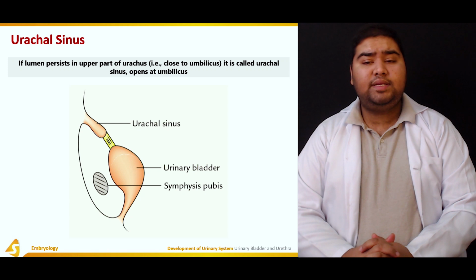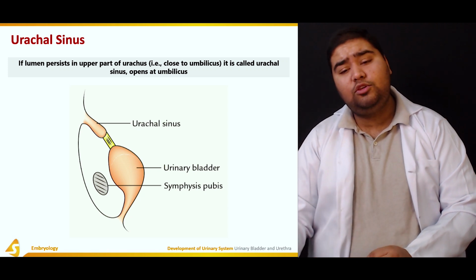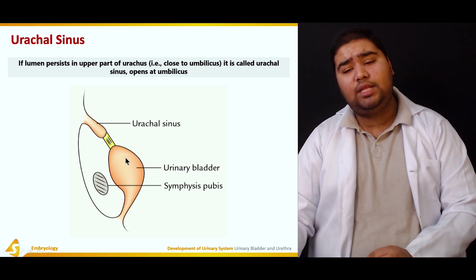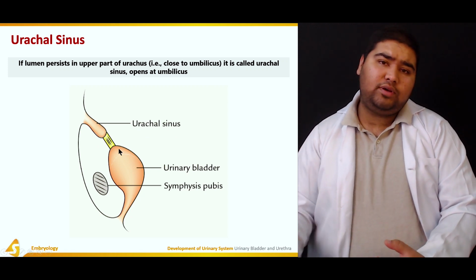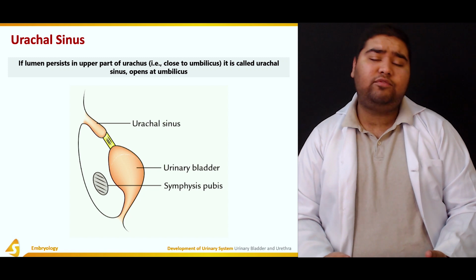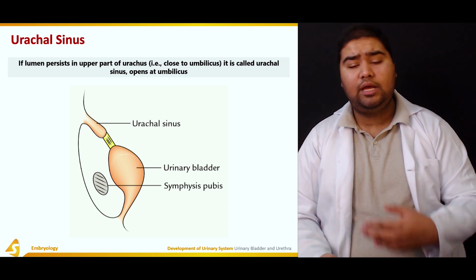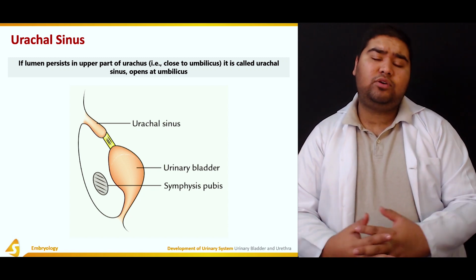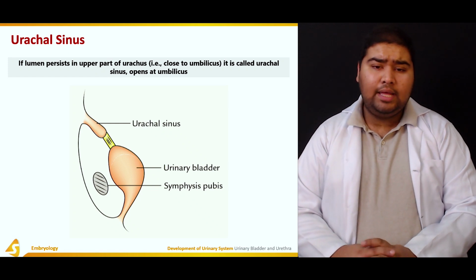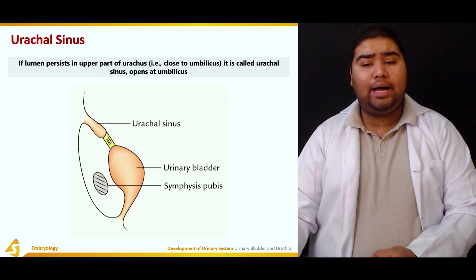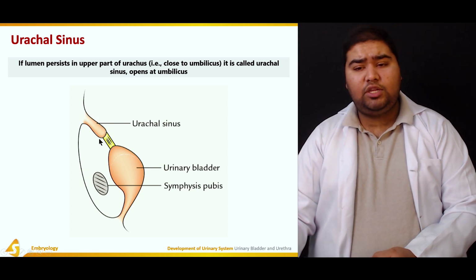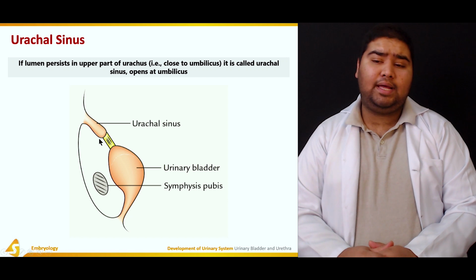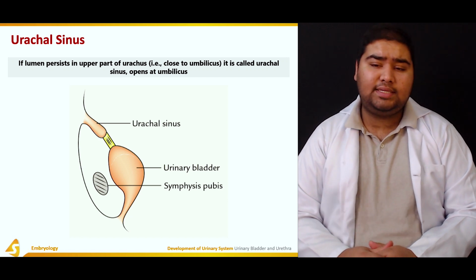Urachus is actually the allantois, the allantois that was supposed to obliterate and form the median umbilical ligament. However, if the allantois does not obliterate, and if the lumen persists in the upper part of the urachus, which lies close to the umbilicus, it is called a urachal sinus.